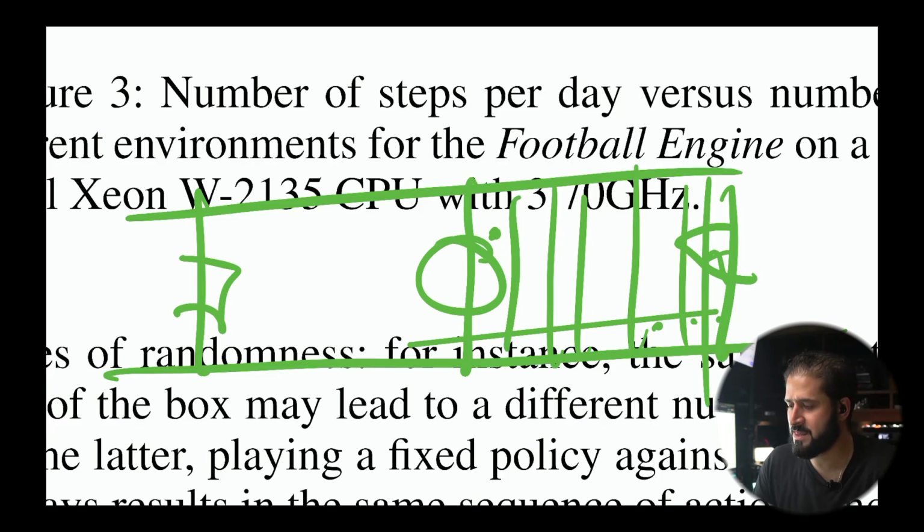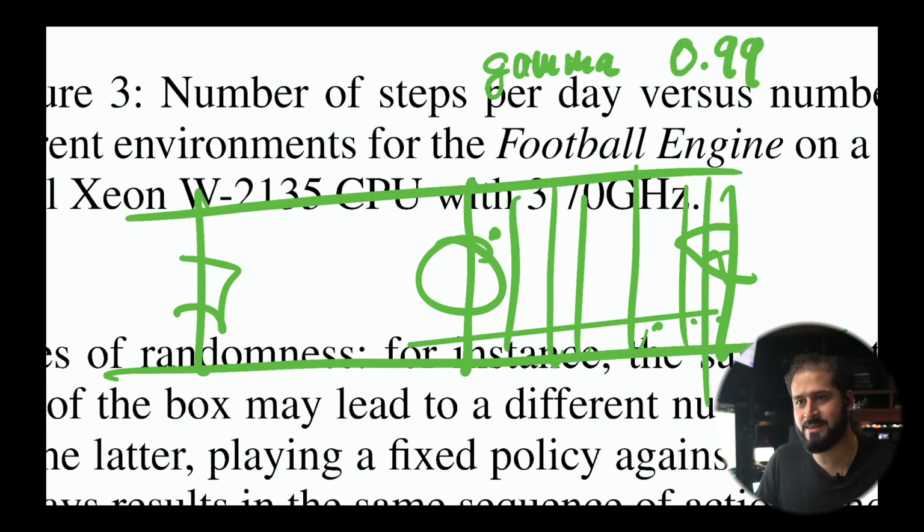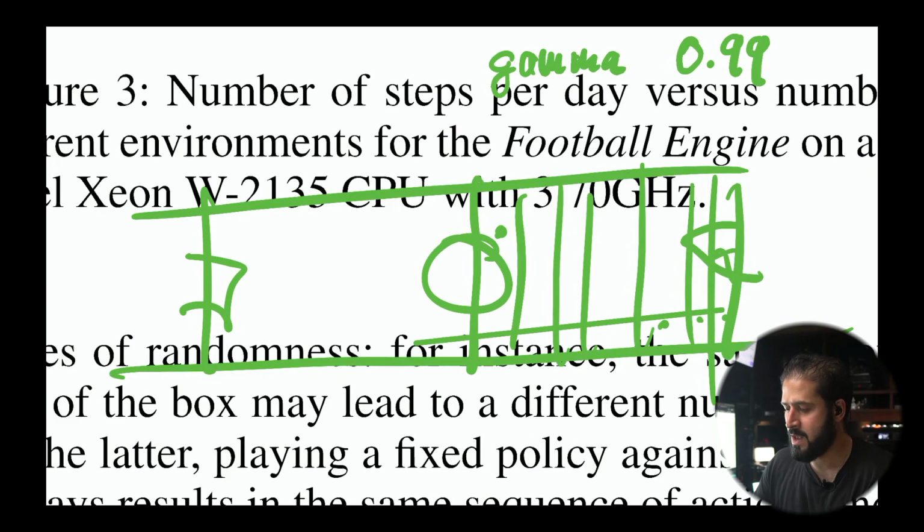Because there is such a thing as a discount factor, right? So the little thing gamma, and again, if you don't know what I'm talking about, I highly recommend you go get the book and try to read those things so you understand what's happening here. The agent is going to say, well, it takes me so much time to go all the way here and then shoot the ball.